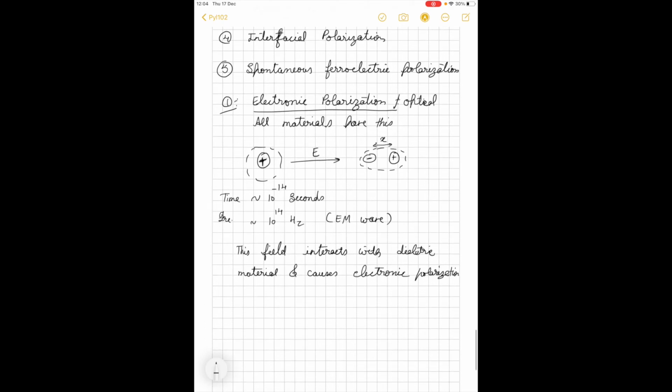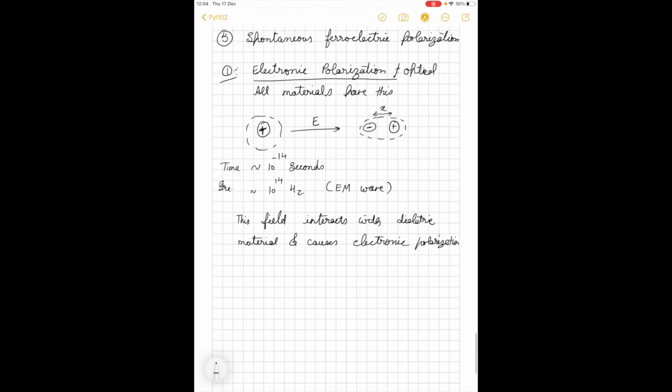I just want you to know the basic mechanisms. So the first one is the electronic polarization. The second one is the ionic, atomic, or vibrational polarization.